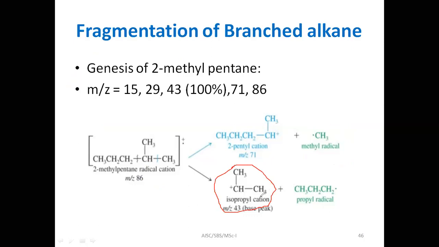Both are stable, so this fragmentation is more in number, and more cation will form. That is your 100% more populated peak. So the base peak gives 100% intensity because of the large number of fragments formed this way. Then for 15, one can show the reverse way of this, because this is positive charge and this is negative charge.